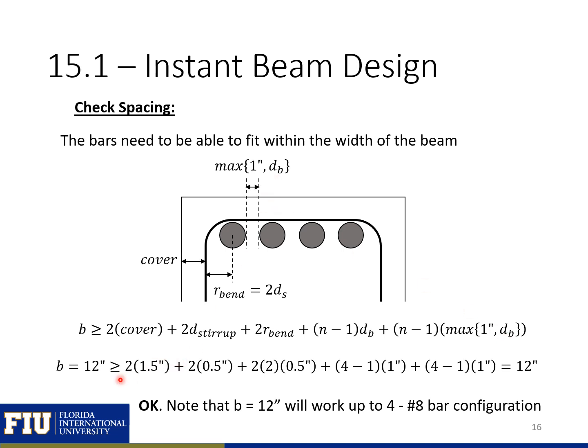For our number 8 bars, we'll get that our b equal to 12 inches is greater than or equal to the required b of 12 inches. So you can see that our b of 12 inches is going to work for up to 4 number 8 bars. If we have more than 4 number 8 bars or a larger bar diameter, then we need to have a wider section.